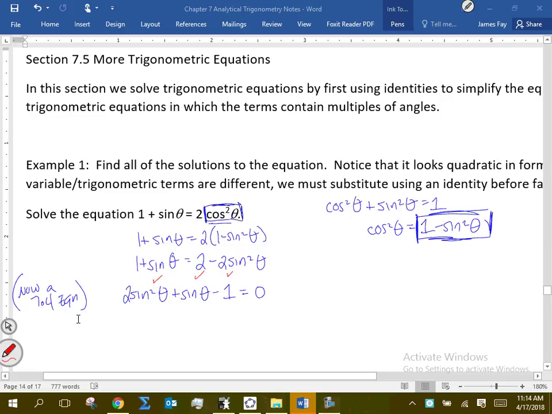I think a lot of us are starting to see that maybe we like this: let u equal sine theta. So u squared now, you can substitute as sine squared theta. So now we can go through and say, okay, 2u squared plus u minus 1 is equal to 0, correct?